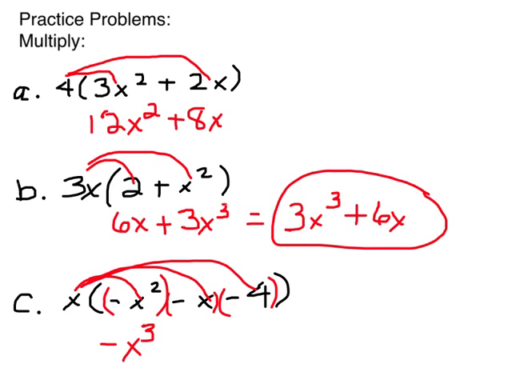X times negative x is negative x squared. And x times negative 4 is negative 4x. This is already in descending order of the variable, 3, 2, 1. So this would be my final answer.